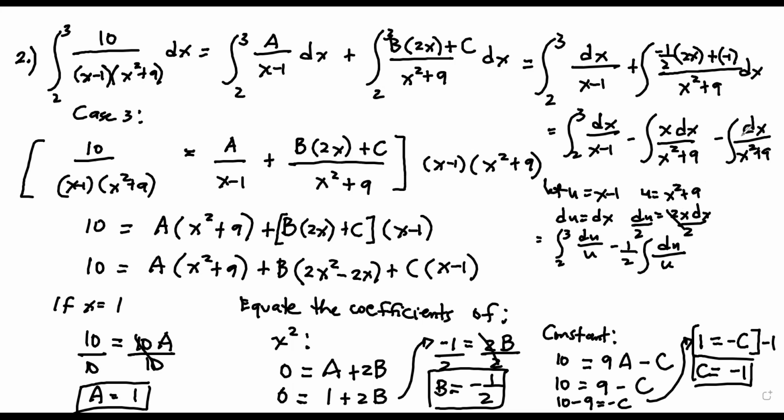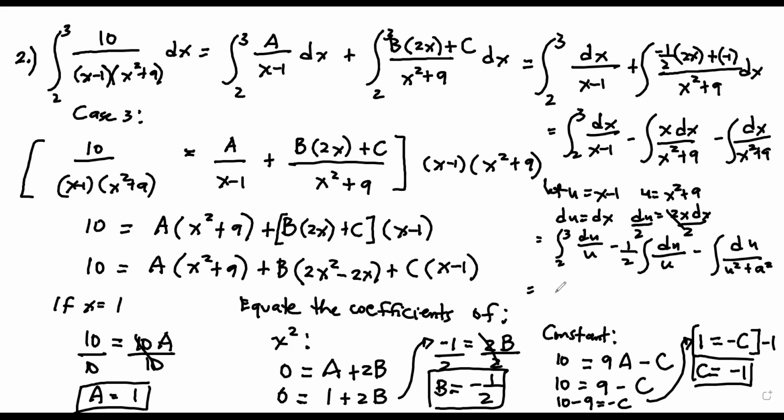And then, tulad kanina, ito ay may form na negative integral of du over u squared plus a squared. And this is the integral of that. That's arctan.